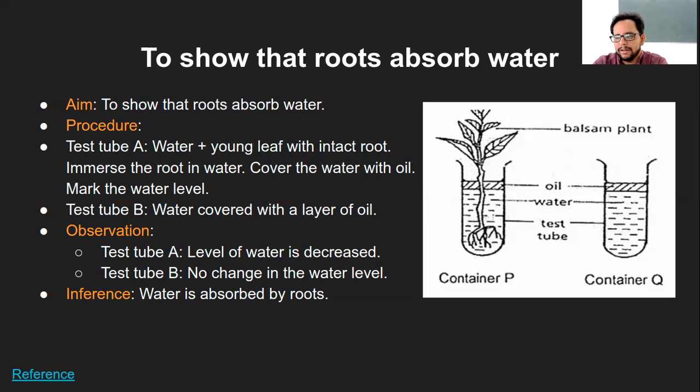At regular room temperature, there will be some water loss, right? To avoid that water loss, which would otherwise be counted as water absorbed by the root, we add an oil layer on the top surface. It serves two purposes: it stops the evaporation, and secondly, it gives us a marking where we can look to see whether the water level is reducing or not, right?